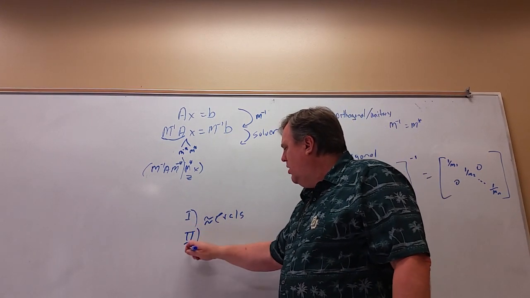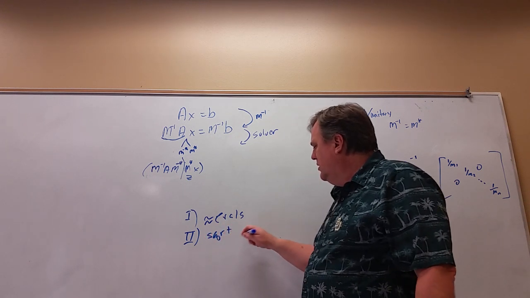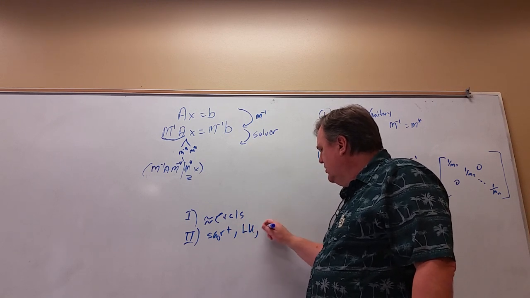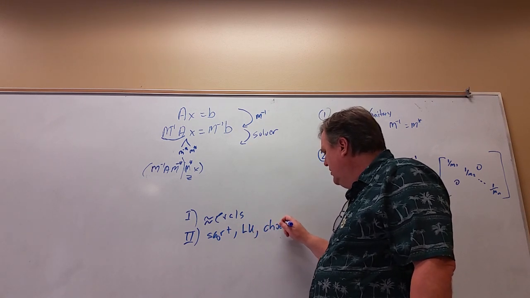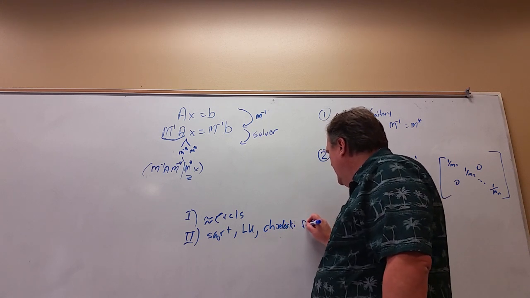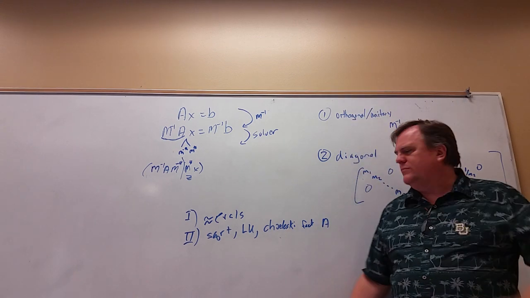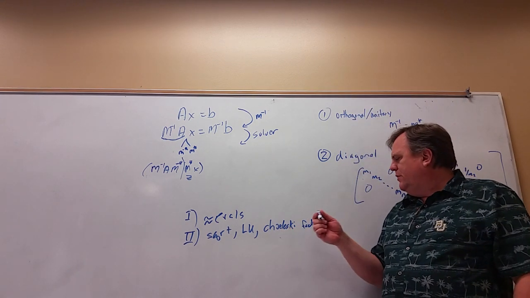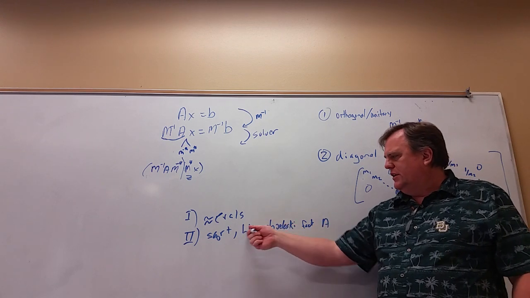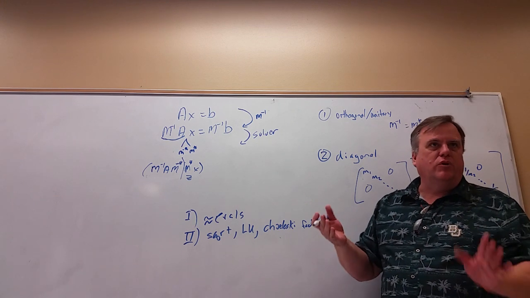A second one that we'll often do is the square root or the LU factorization or the Cholesky factorization of A. If the A is symmetric, the LU becomes Cholesky because L and U become the transpose of each other, or conjugate transpose.